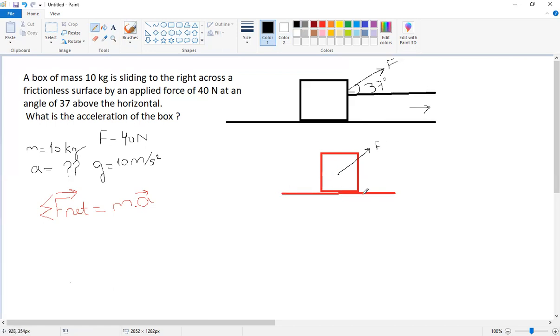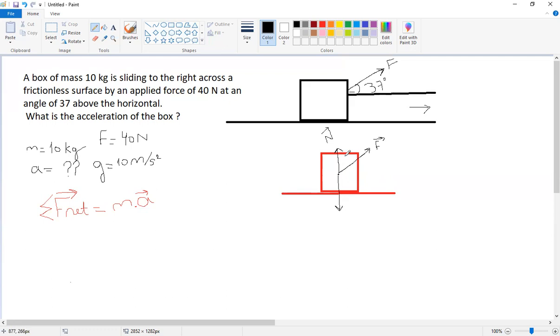Then, it's sliding on a surface. The surface will exert a normal force. This normal force is directed upward. And we have the weight of the object, which is directed vertically downward.